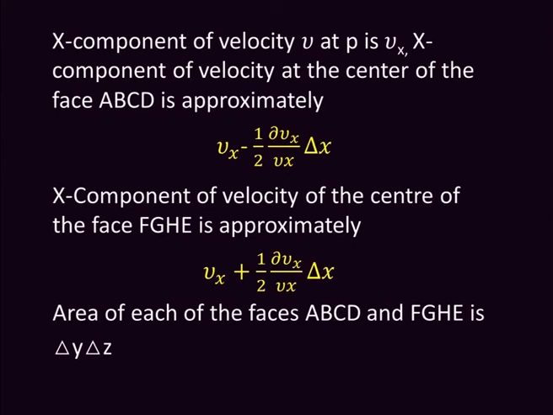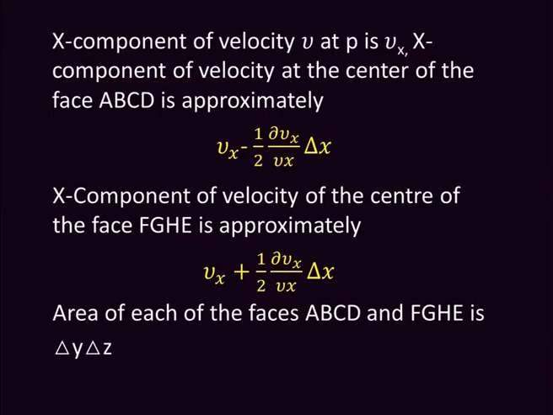The x component of the velocity V at P is Vx. Then the x component of velocity at the center of the face ABCD is approximately Vx minus half ∂Vx/∂x multiplied by δx. The x component of velocity at the center of the face FGHE is approximately Vx plus half ∂Vx/∂x multiplied by δx.